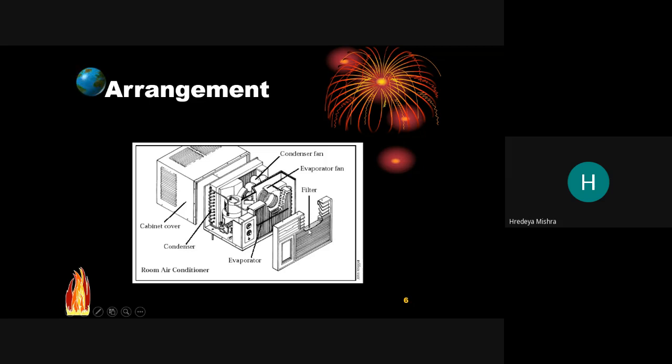This is the example of a window AC, and this side is outside the room, and this side is inside the room. So the cool air passes through this filter, and here hot air is passed out to the environment by this portion.